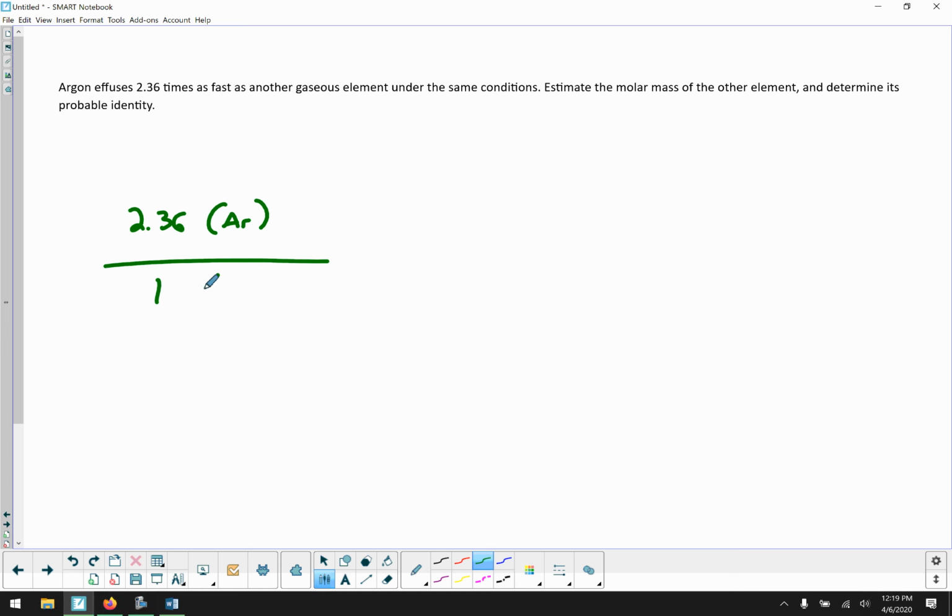So 1 for X, and then equals, and then molar mass X, molar mass argon. But by setting it to 1, you don't have to do any more math. What's 2.36 times 1? Well, it's 2.36. It's much easier than, say, setting the unknown to 5.37. You could do it. I don't know why you would.